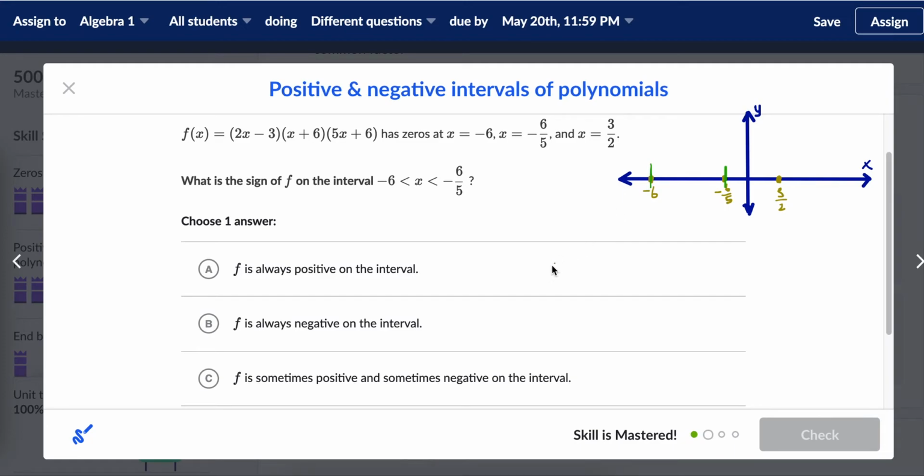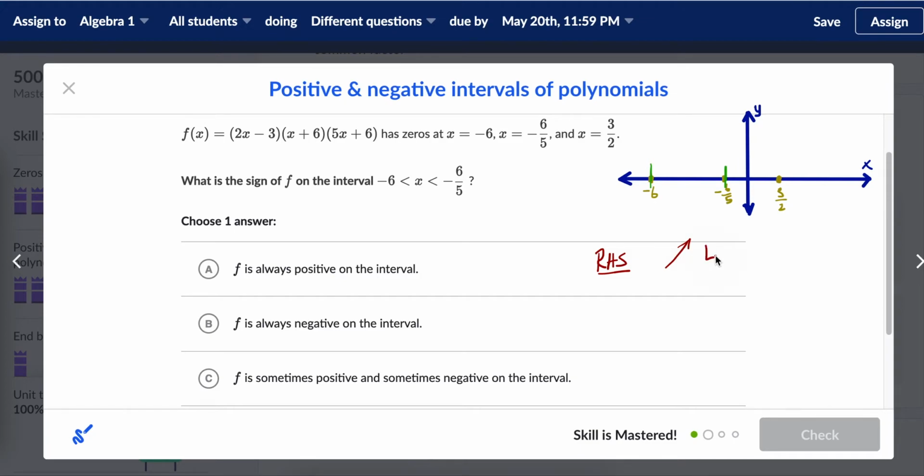Okay, so the first thing you need to know about this is what's happening on the right-hand side of the function. Is it increasing? Is it going up, or is it going down? Well, if it's going up, you're going to look first of all at your leading coefficient.